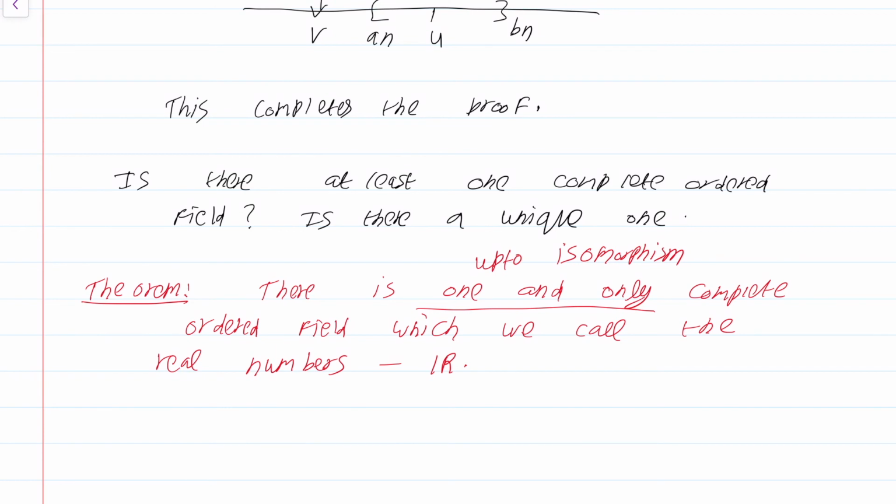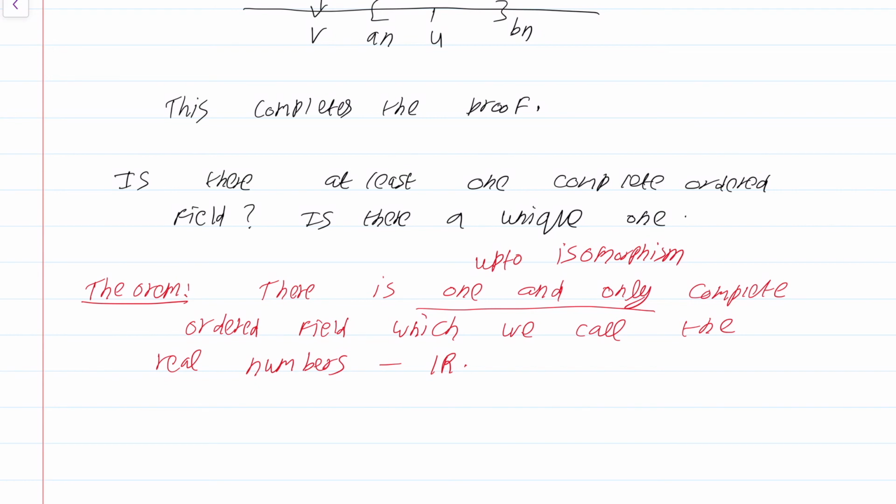If there is no complete ordered field, the whole theory is nonsense. So you need to prove this theorem, but the details of the proof are fairly boring, so there is no point in engaging in this activity right now. Moreover, once you take an abstract course on metric spaces, you will be able to show this in a much easier manner. So I'm not going to bother proving this now. I'm going to leave this proof to you. If you are interested, you can look at the references in the notes.